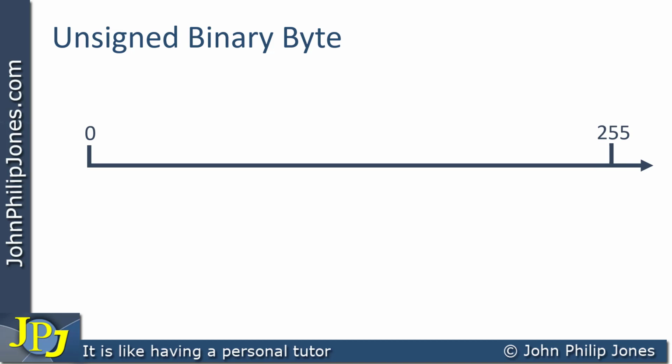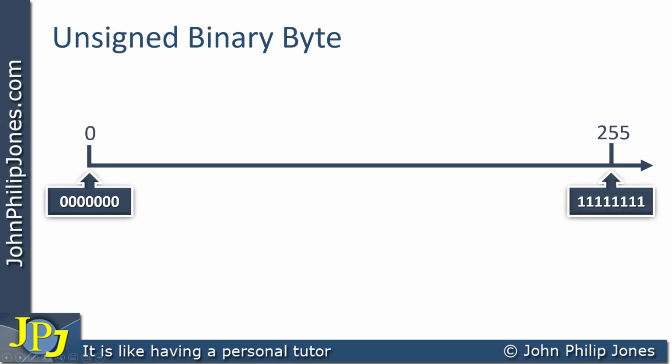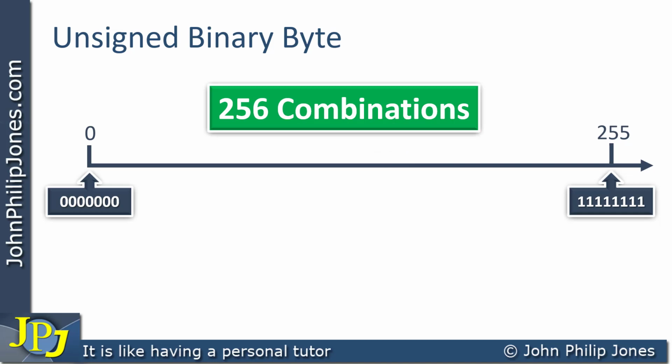Now we can represent the 0 position by this binary pattern where we have 8 zeros, and we can represent 255 where we have 8 ones. And in between we have all of the other combinations representing other positions on the number line, 1, 2, 3, etc. And in total there are 256 combinations of the binary pattern.